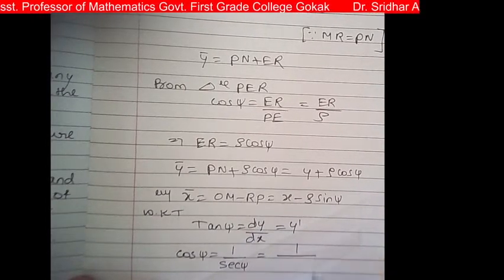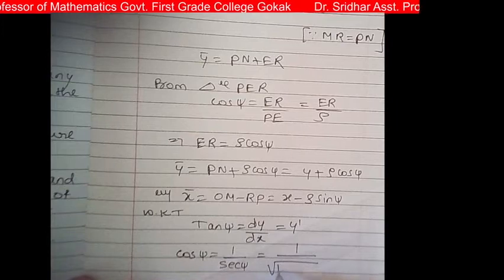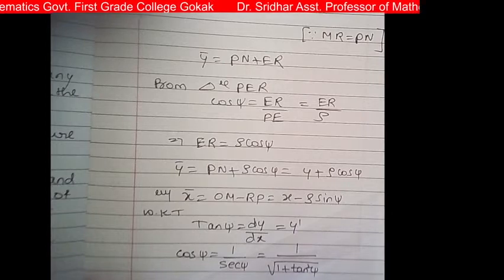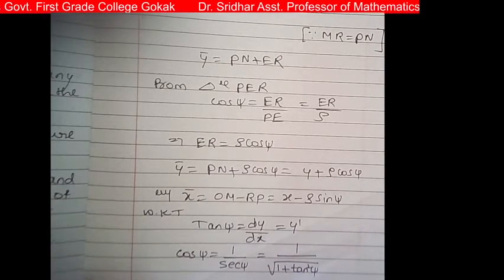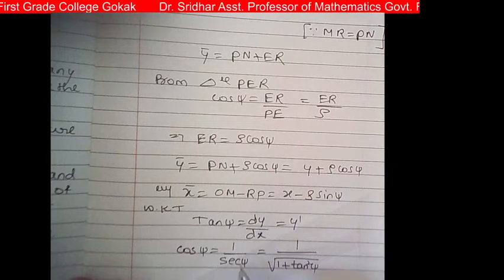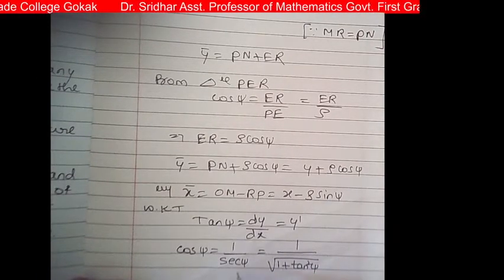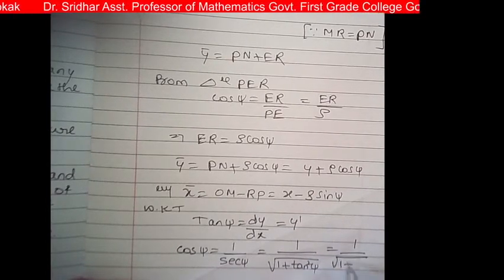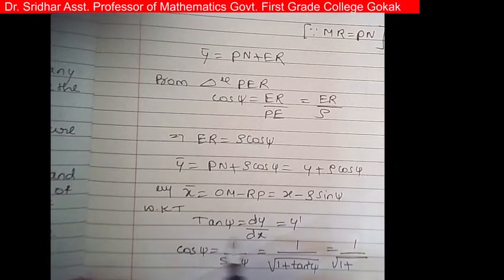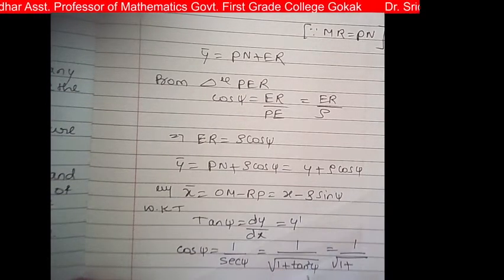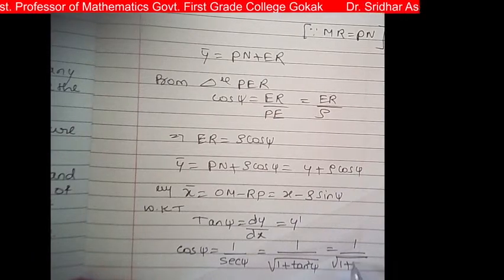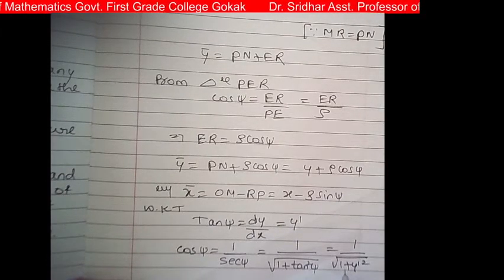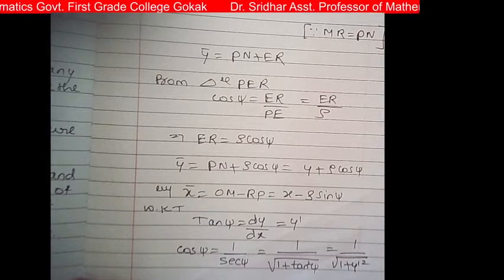And sec psi is nothing but square root of 1 plus tan square psi, because 1 plus tan square theta is sec square theta. So sec theta is square root of 1 plus tan square theta. So cos psi is 1 divided by square root of 1 plus tan square psi, which is equal to 1 divided by square root of 1 plus, now this tan psi is nothing but y dash. So tan square psi means y dash square. So this is cos psi we get.